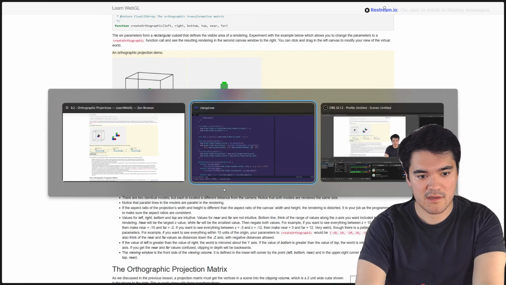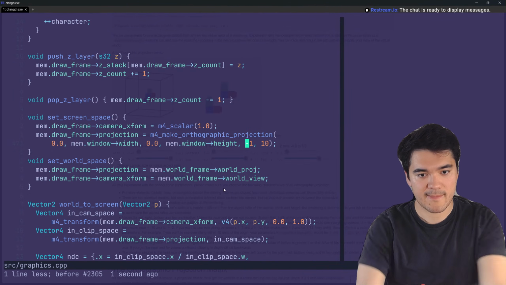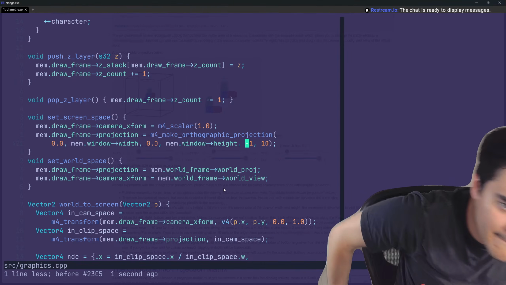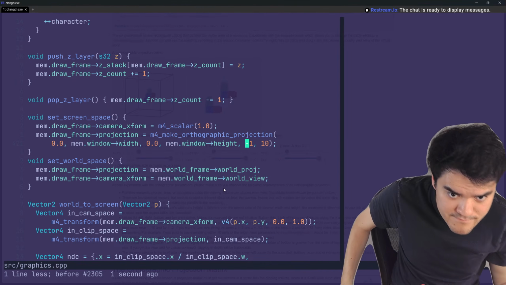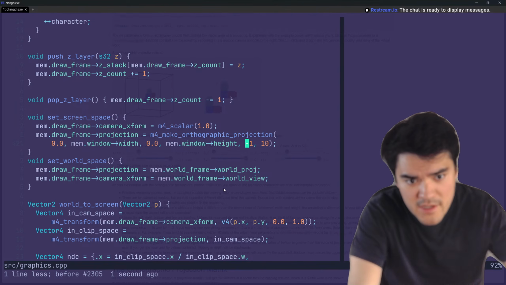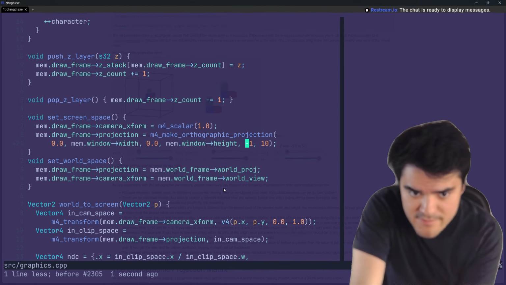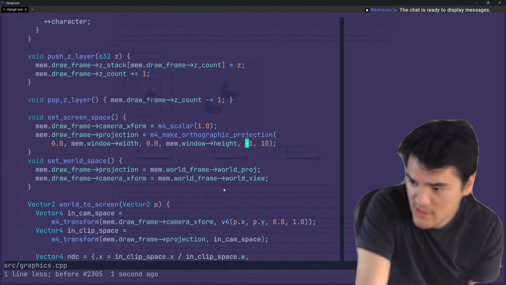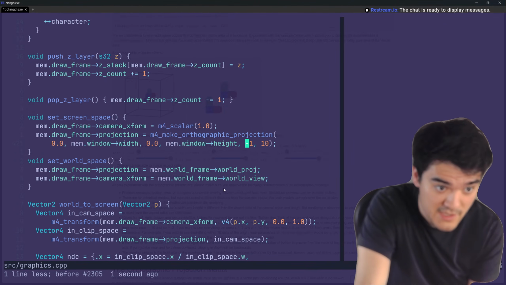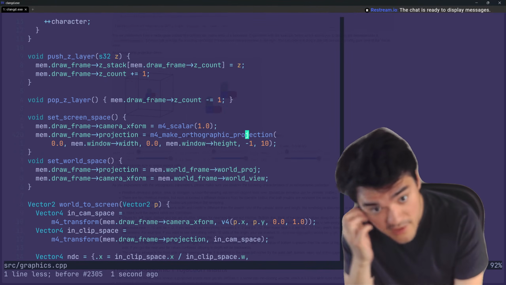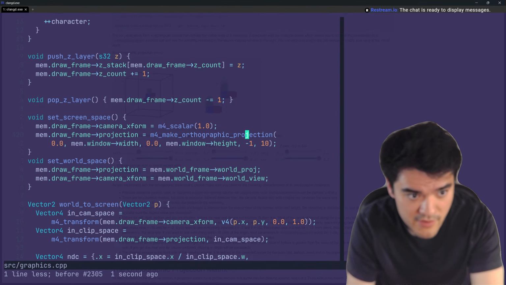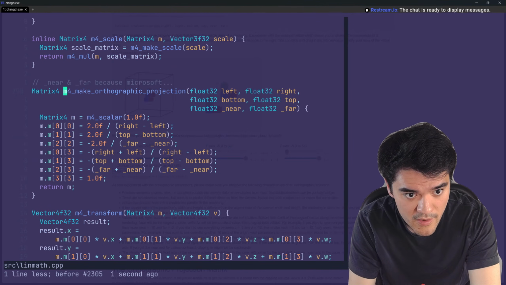So maybe it's, oh no, that's the near far. Our transform is just an identity matrix. It kind of makes sense. And then to make the ortho matrix, let's see.